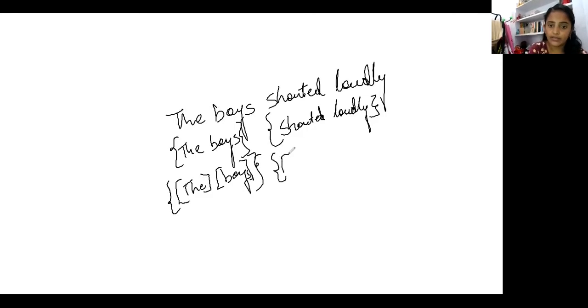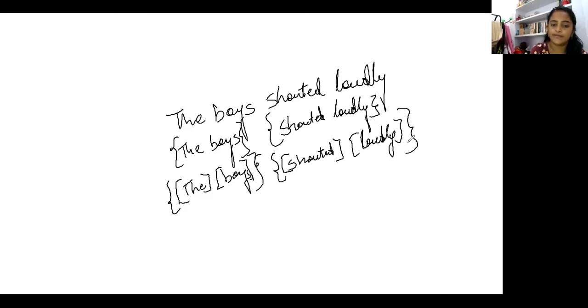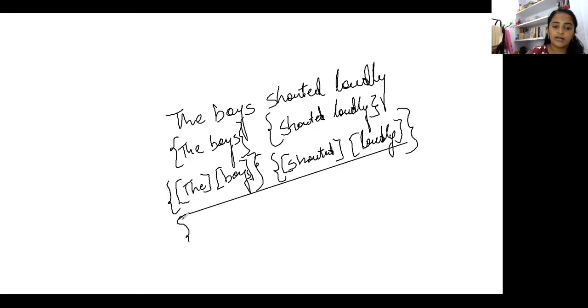All right, so this is the next IC. Again here, square bracket, shouted, and loudly. Then further down, curly bracket, square bracket, the. Do you break down "the"? No, it's done. Next, the square bracket was already there, so retain it.